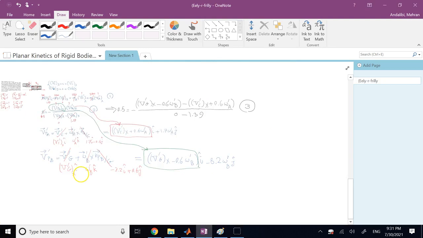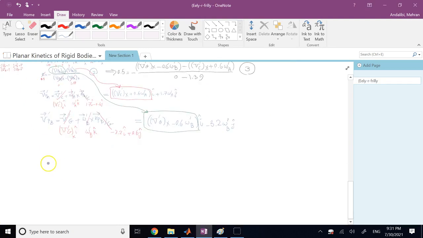Good, so now we write that the total angular momentum about point PA before impact is the same as the angular momentum about PA after impact for object A. And what is the angular momentum about the contact point?